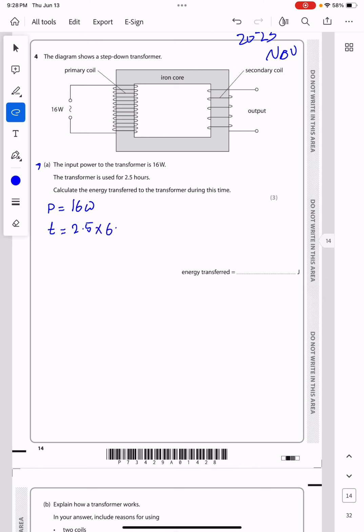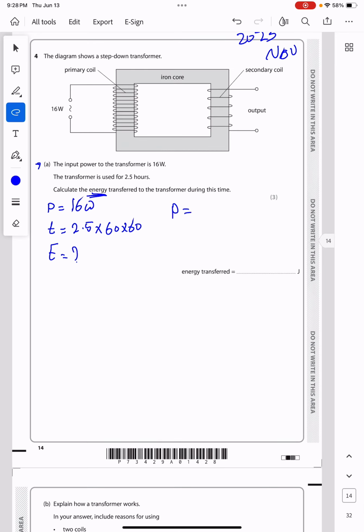Let's do that right now so that we don't forget it. I'm just going to use it later, but you can't do that, okay? So we have the time and we have the power, and they ask us to find the energy transferred. Energy is missing. There is a formula that connects all of these.